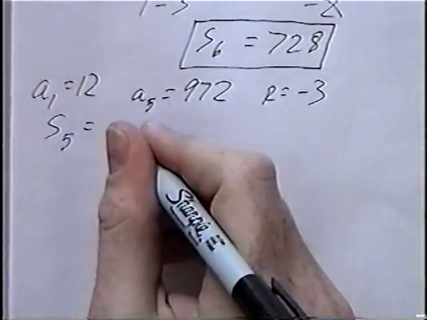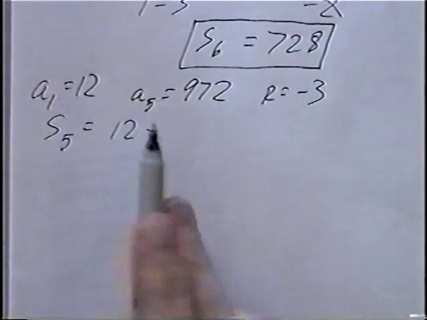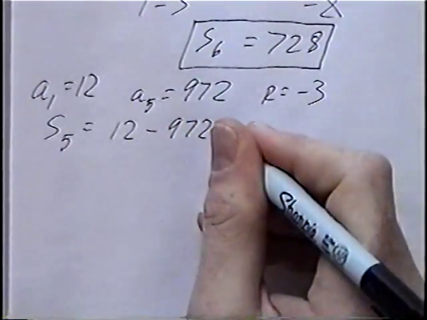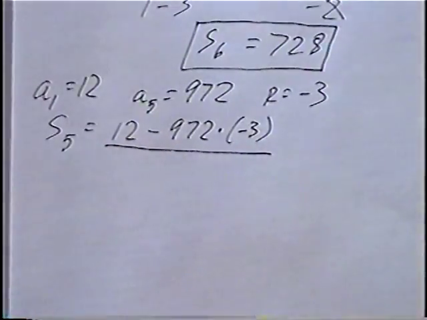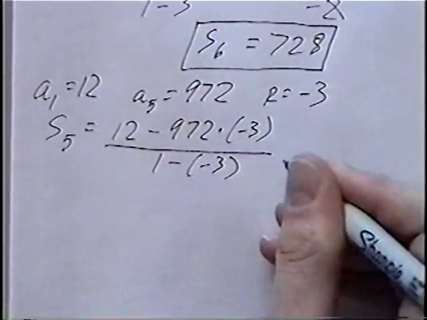A sub 1 would be 12, minus A sub n, which is the same as A sub 5, would be 972, and times the rate R, which is negative 3, divided by 1 minus R, which would be 1 minus negative 3.